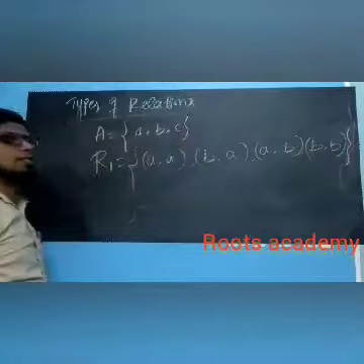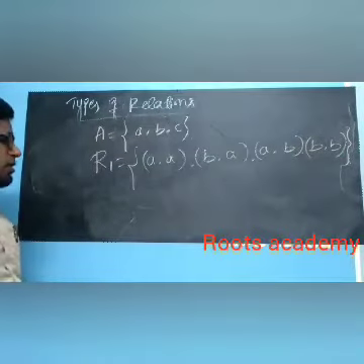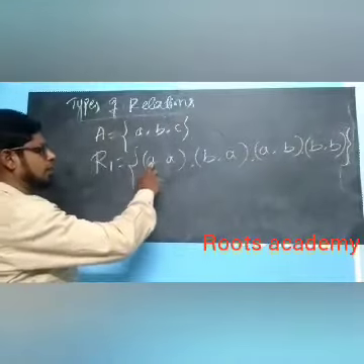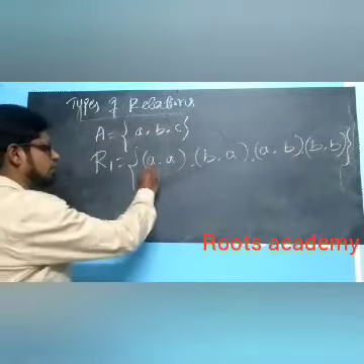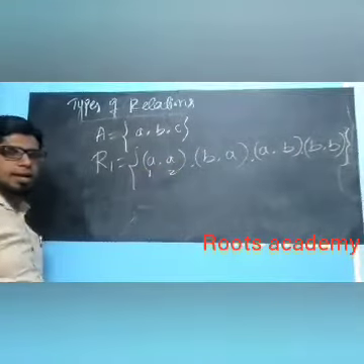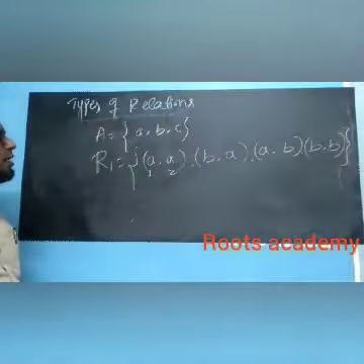Let us check whether this is a transitive relation or not. So first (A, A). If this is my first element, then this should be the second. Now I should check the second statement.